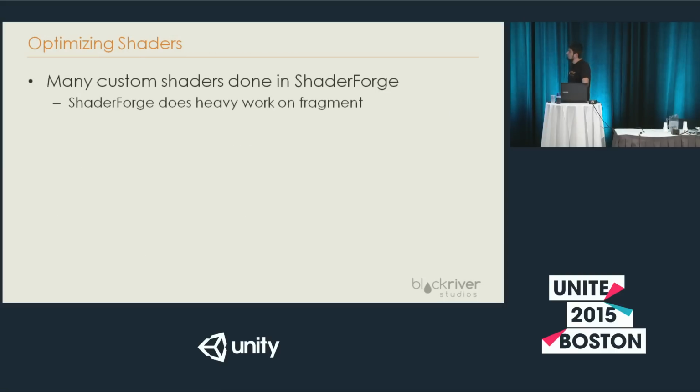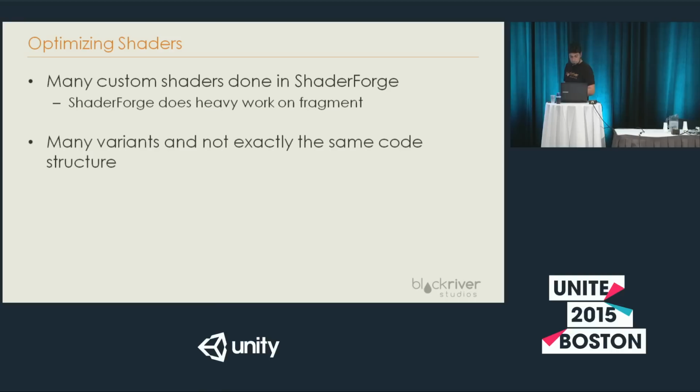In our case, we had many custom shaders done in Shader Forge. I didn't start the project at the beginning, so when I got to optimize it, there were a lot of shaders in Shader Forge. Shader Forge does a lot of heavy operations on the fragment. It's a really nice tool, but it works for all the general cases.